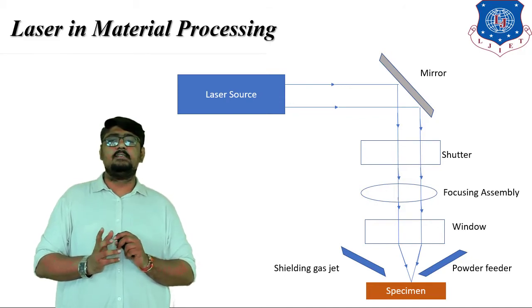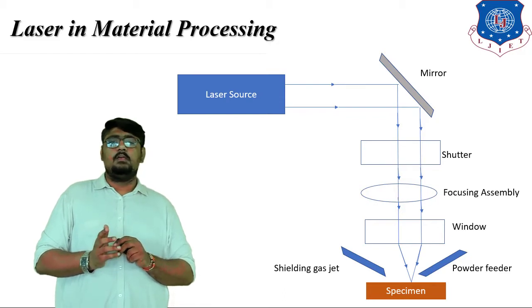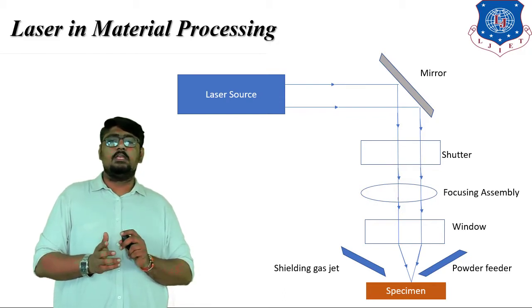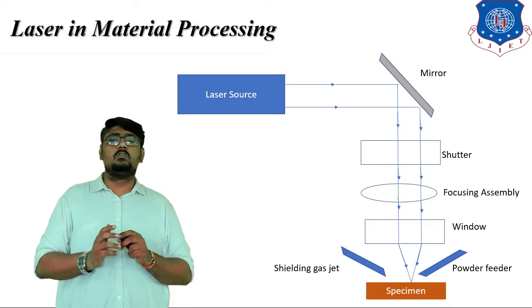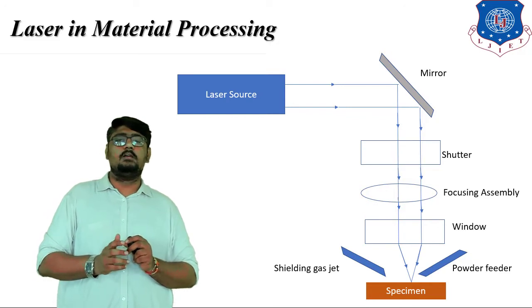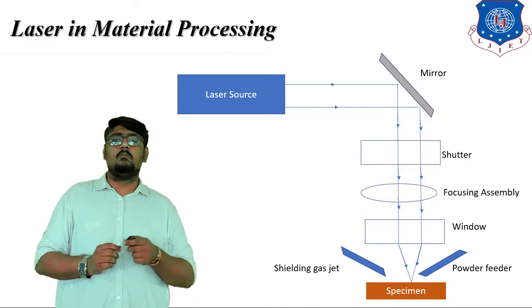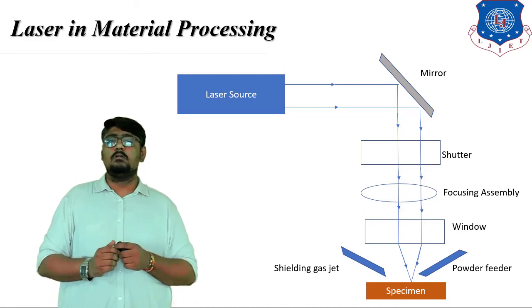When the specimen gets exposed to the laser beam, it gets heated up, giving rise to smoke and fumes, and also gets melted. By blowing the gas from the shielding gas jet, smoke, fumes, and the molten materials are removed.